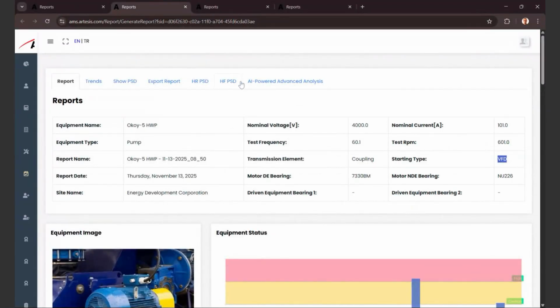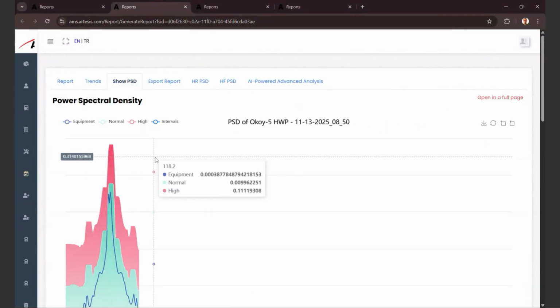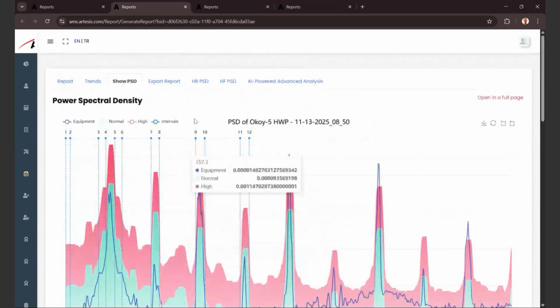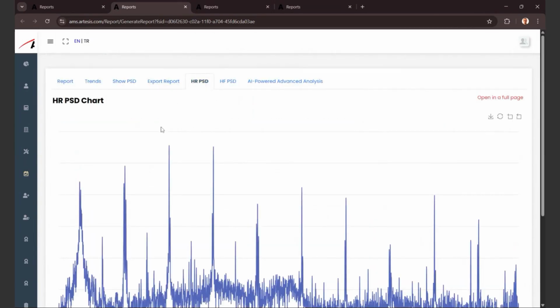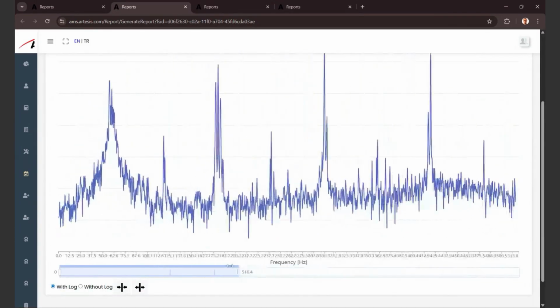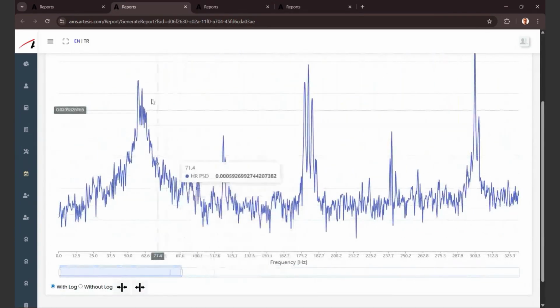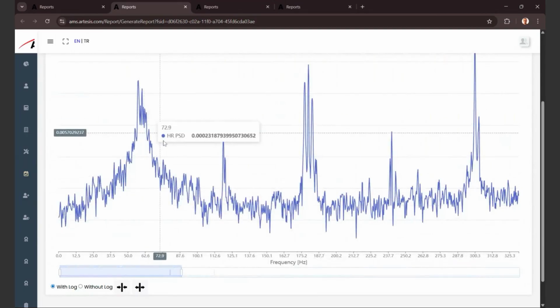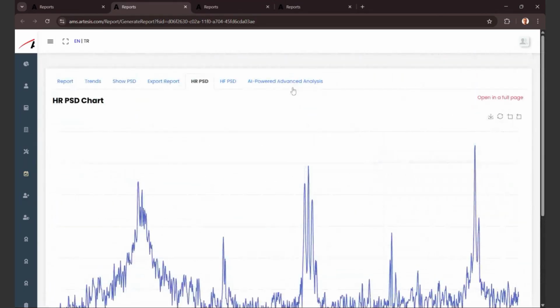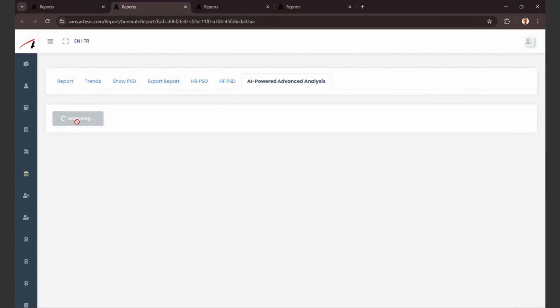And if I go into spectrum, I can see that there is actually a pole pass frequency here, but the low frequency analysis doesn't really do much for rotor issues. So you would want to go into high resolution spectrum manually, and I can also see those here as well. But again, the point here is let the AI do that for us, so we don't have to bother with what the spectrum tells us.